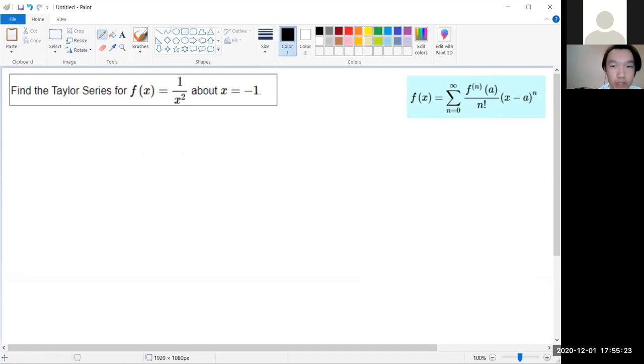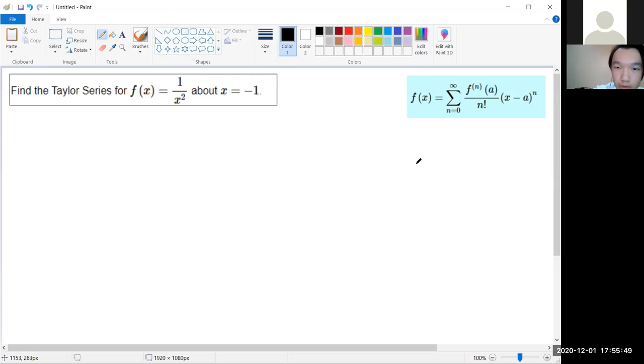So here's the question, and we're trying to use this formula on the right. So let's think about what we are given. We're given the function, and we're given the center. The center is -1. We can plug in the center right away. So let's do that first.